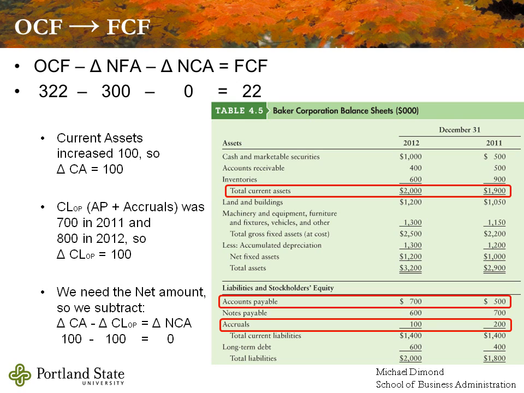So they also increased by $100. In other words, the total assets that we have and the increase in our accounts payable and our accruals are offsetting one another. So we have a $100 change in current assets minus the $100 change in current liabilities, just the operating items, and we're left with a $0 change in net current assets.